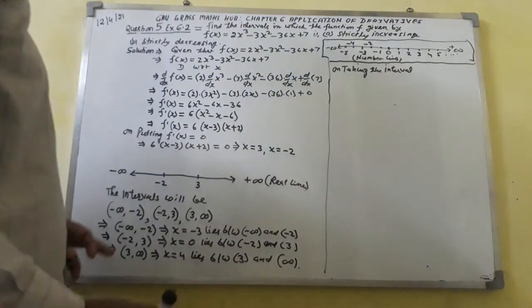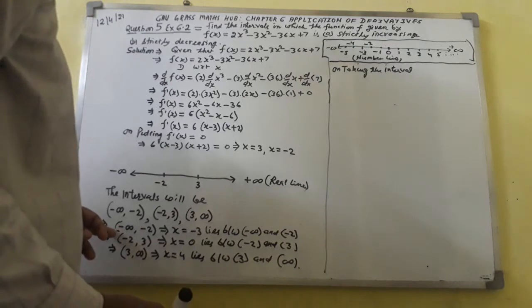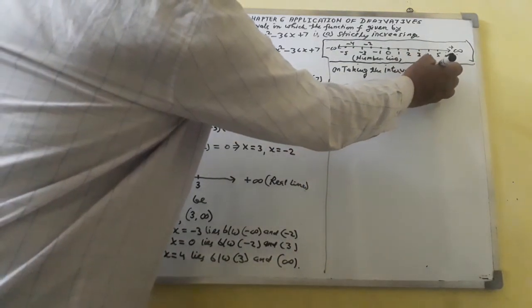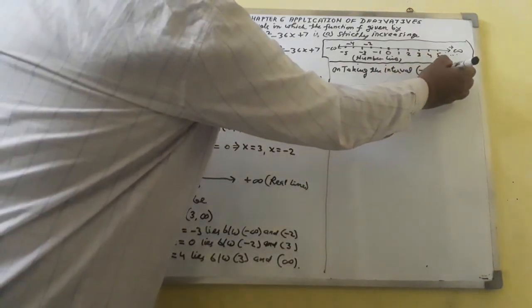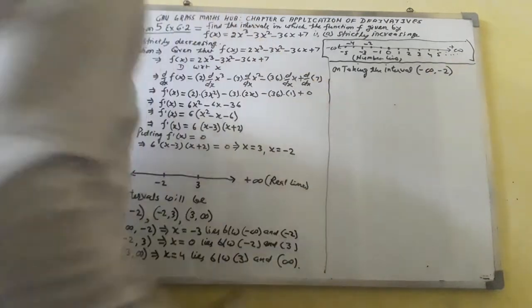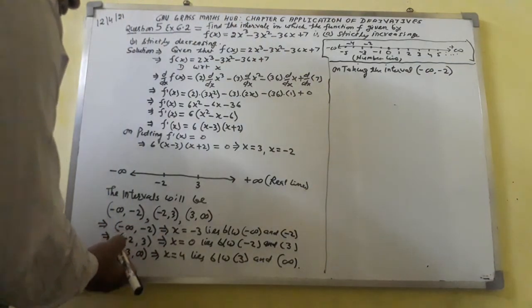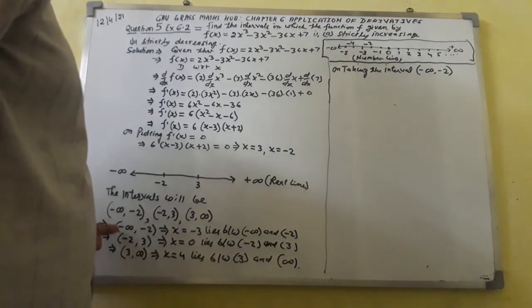I am taking the interval, open interval minus infinity, minus 2, open interval. Open interval minus infinity comma minus 2 open interval.